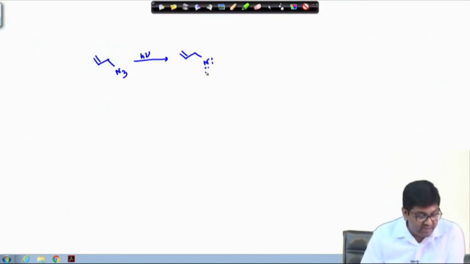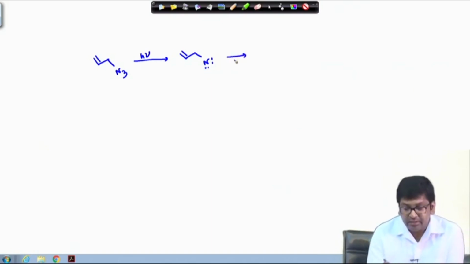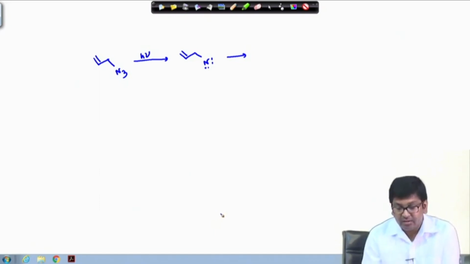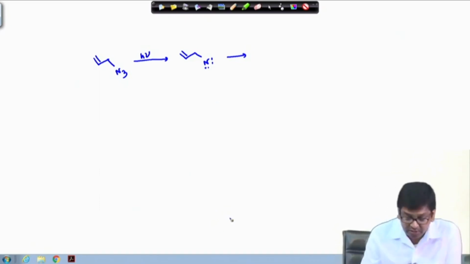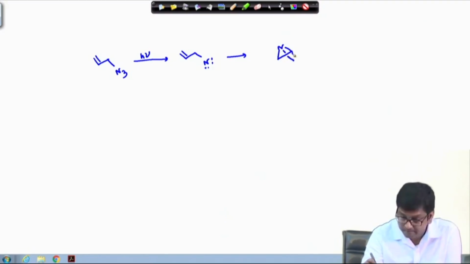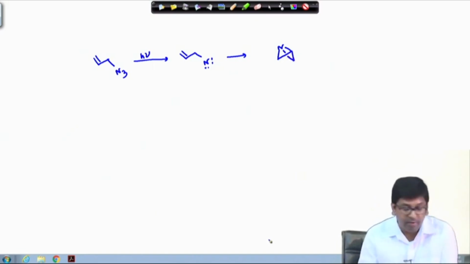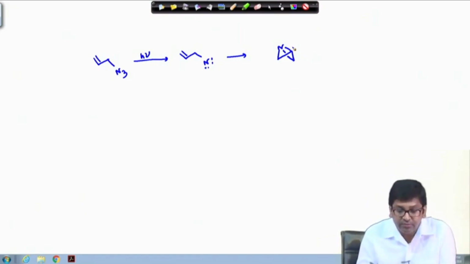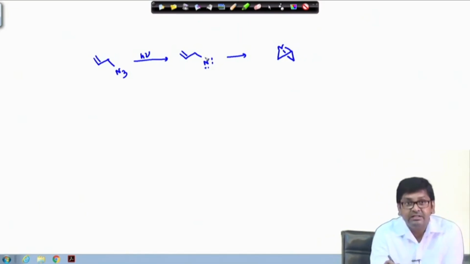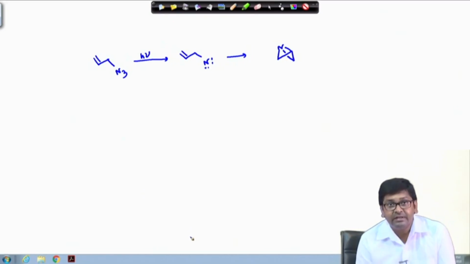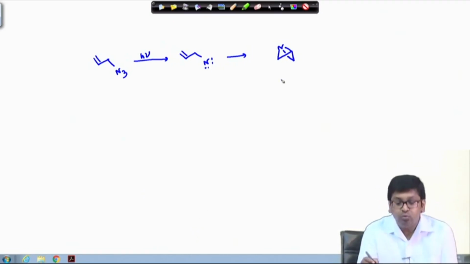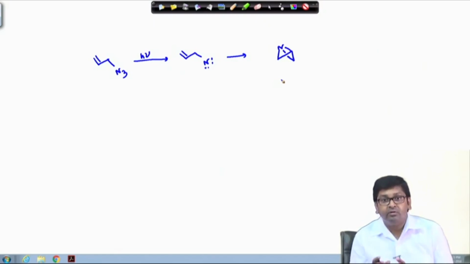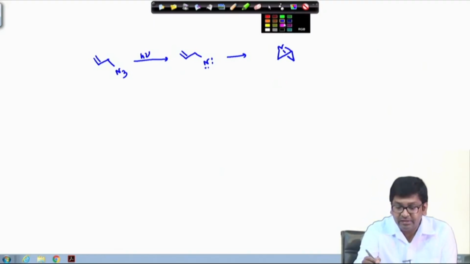Once this nitrene is generated, it can nicely give the corresponding cycloaddition product, and that is this highly strained compound, where two 3-member aziridine rings are fused. Okay. This is highly strained, because this nitrogen is getting added to this olefin, and it is giving these two strained aziridine rings fused together to finally give this product.